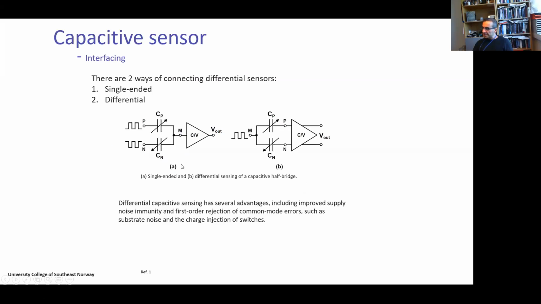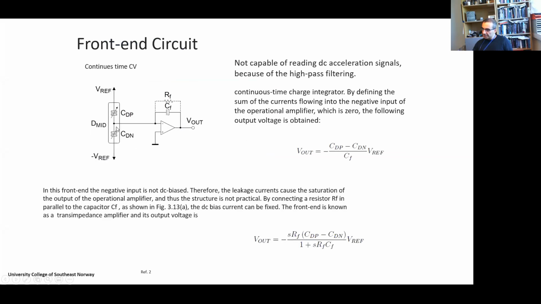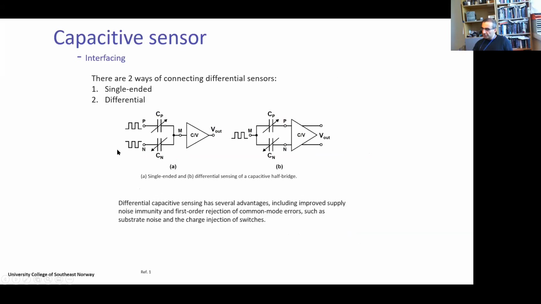So one way to deal with this is to have a time varying signal at the input. The time varying signal can be both sine wave and square wave. Here we are using a square wave for the same circuits that I showed you here. Here's the single-ended output, and differential output, single-ended to the left, I mean, and then differential to the right.